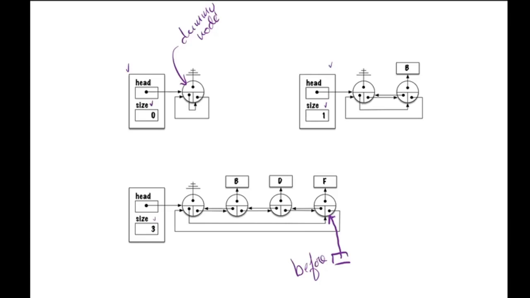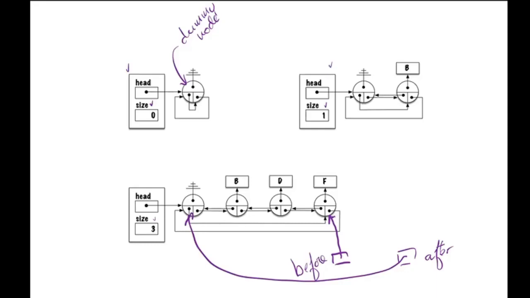As always, I like having a variable after pointing at the node after the insertion point. So here, after is before.next. So after points at the dummy node.